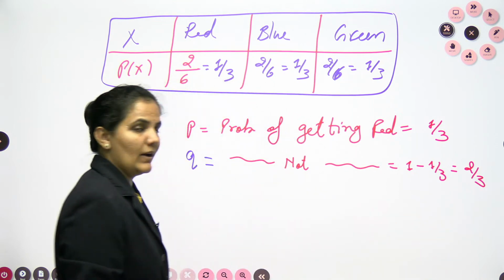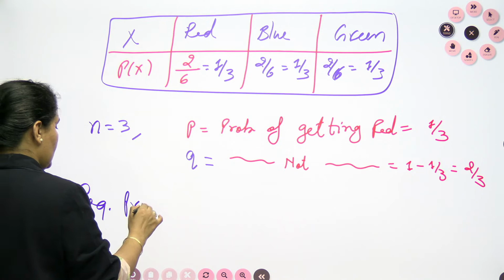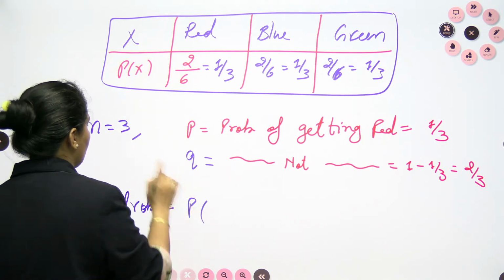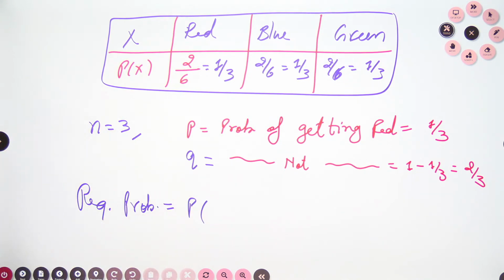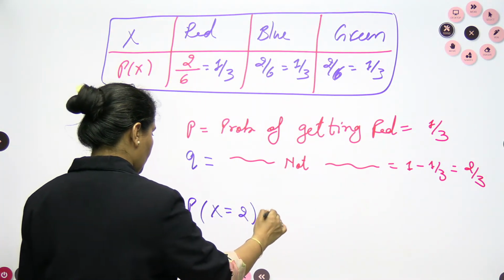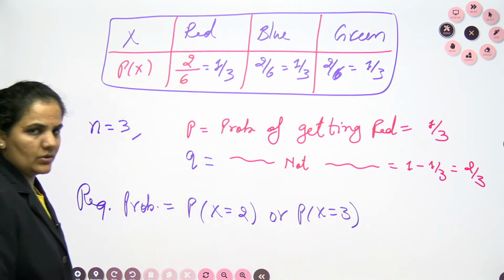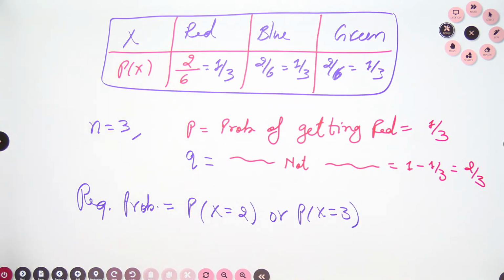Now what is the requirement? We can write down the required probability. Out of the 3 times we need at least 2 times red. So we can say either x equals 2 or x equals 3.